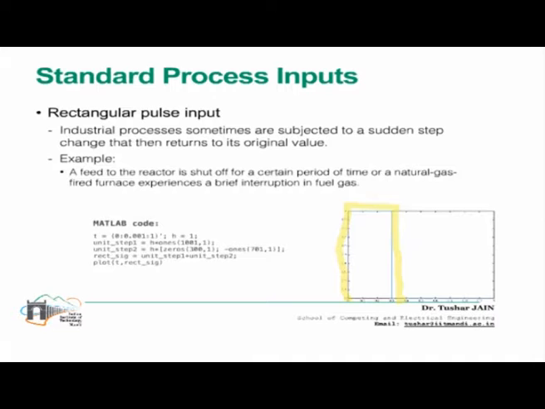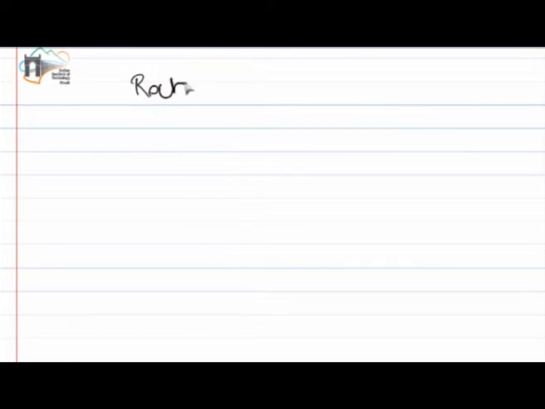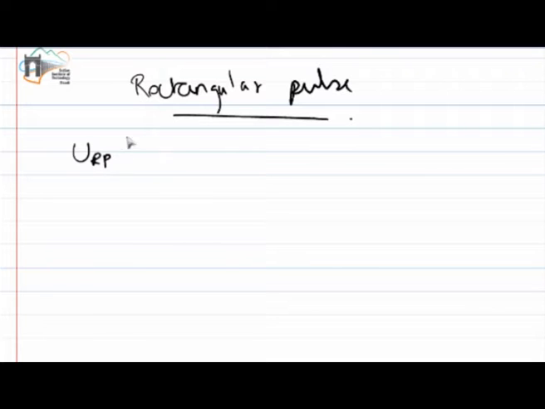And if I write the mathematics of this signal, the rectangular pulse is 0 for t less than 0, and some constant value h afterward.